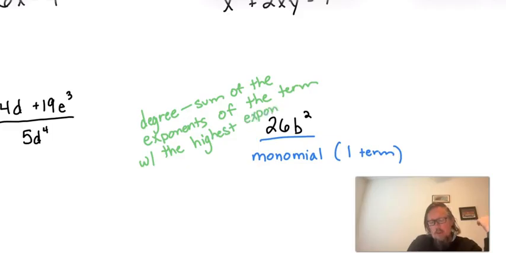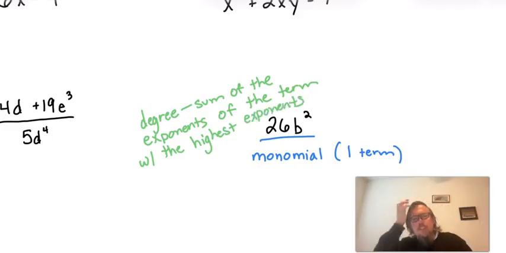I'm sure somebody somewhere has got a mathy definition of this, but you're looking at each term in the polynomial and you're just adding up the exponents to see which one's the highest.